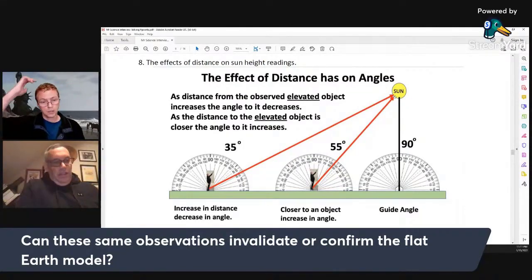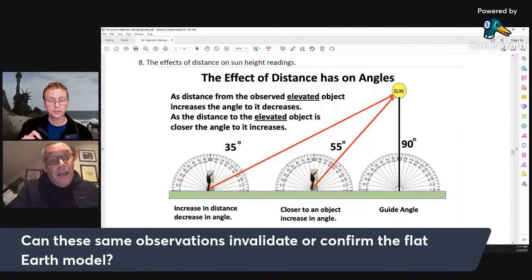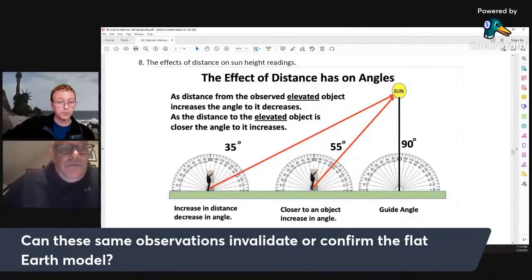Yeah, well, that's easy, but the size of the sun is not part of it. The distance to the sun is important, though; the size of the sun is not part of this diagram. Oh, the size is also important because you're talking about a linear line of measurement from a surface, whether it's curved or flat.